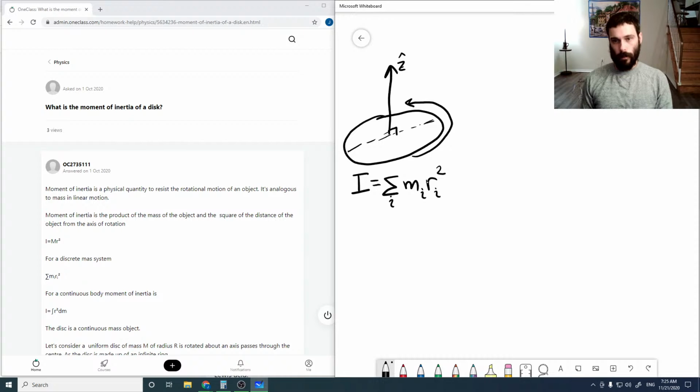But for a continuous mass, such as this disk, then we're going to use the integral like this. So you integrate over the entire mass, multiplying by the square of the distance from your moment.